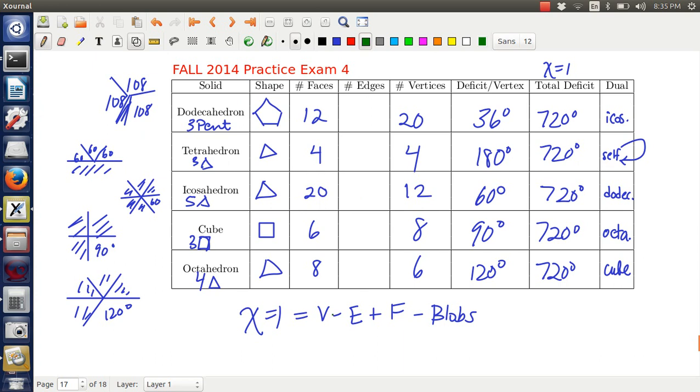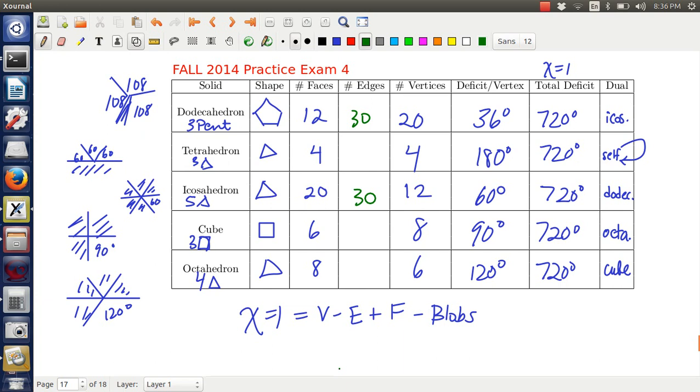All right, so vertices, for example, in dodecahedron, minus edges plus faces minus blobs. Okay, so we get 2 equals 32 minus E. That's the same as saying E equals 30. All right, that's great. Let's go back and do the other one.